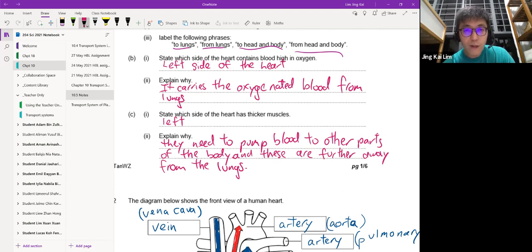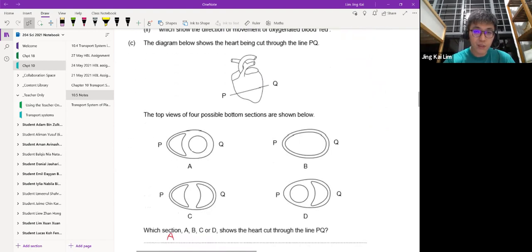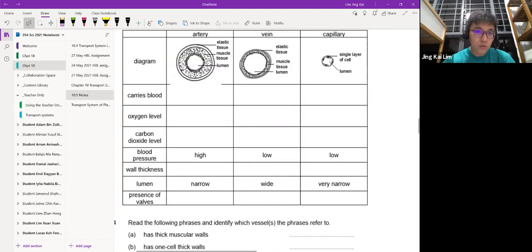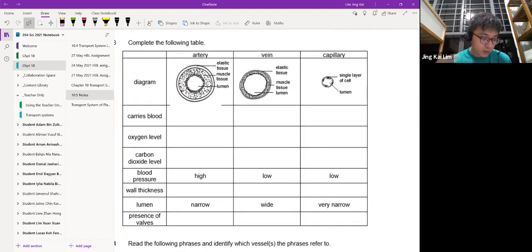So if you want the blood to be going to many more places, and all these places are further away from the heart than the lungs are, then that would give you an indication that this particular side of the heart must be stronger in order for that to happen. Those are tricks that you can learn along the way, and I do hope that you pick up all these tricks as you go along.